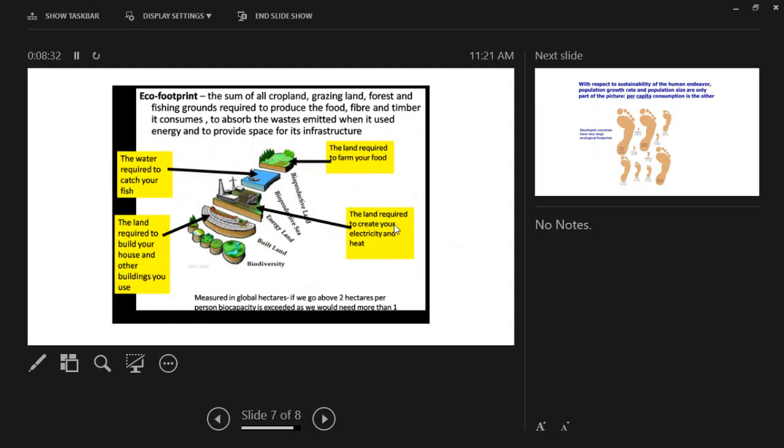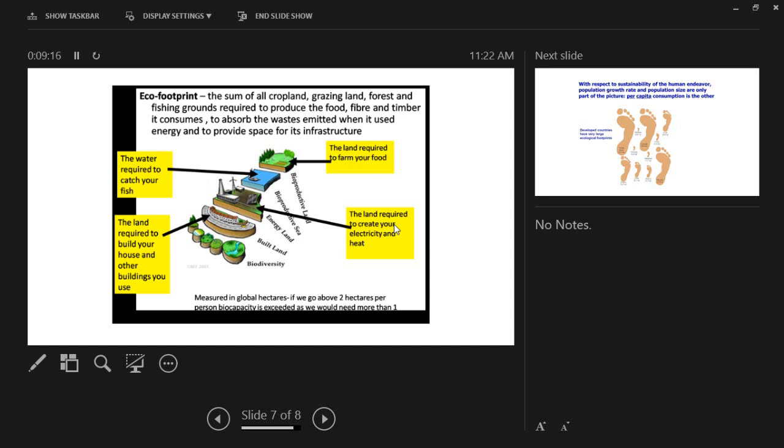Your ecological footprint is the amount of land it's going to take to feed your people, the amount of land to get resources to do other things with, the amount of land just for you to have a place to live, the land for our fossil fuels, the amount of water, how we get our electricity, all of those things and the materials we make from the land and how much we use.